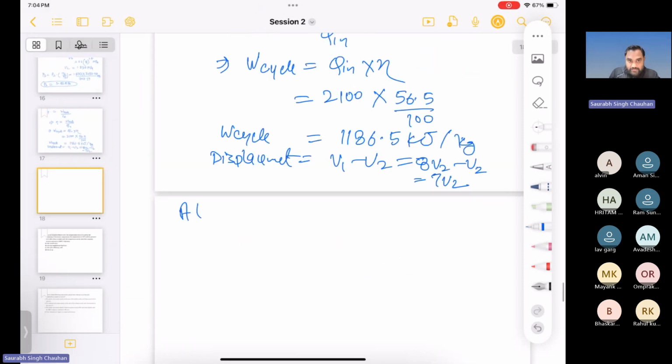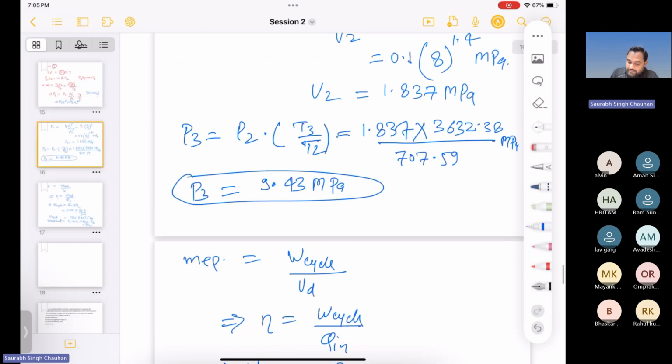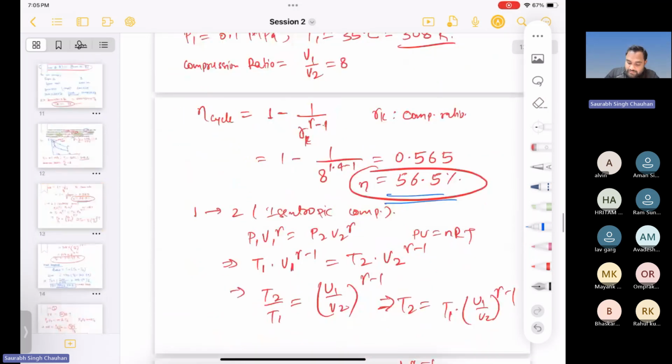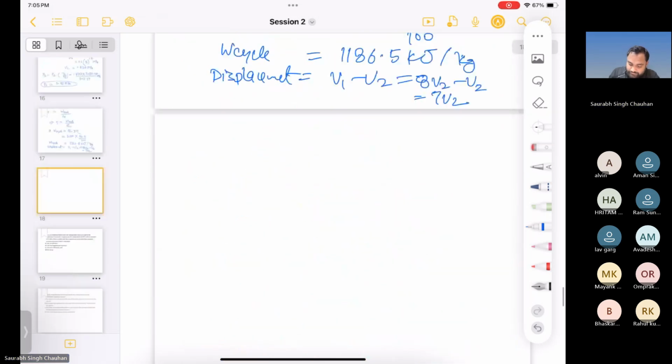So at point 2 we can calculate V2, right? Or we can calculate V1, because at point 1 all these values are given. Pressure is given, temperature is given. So we will calculate V1.